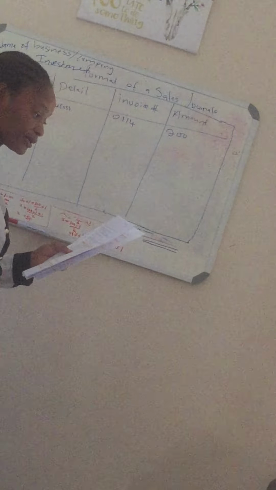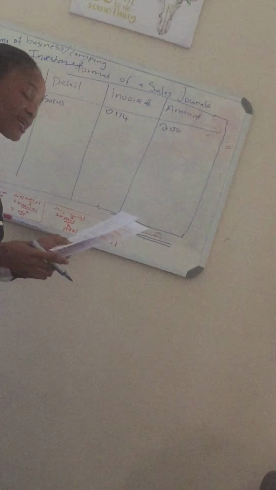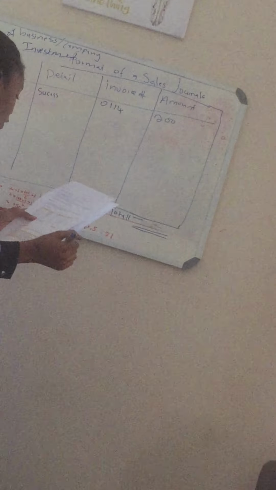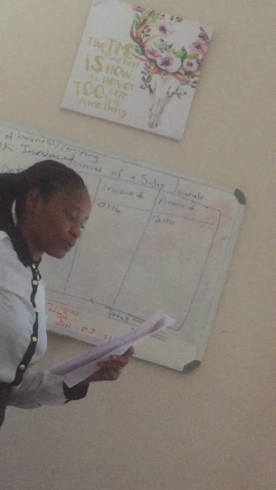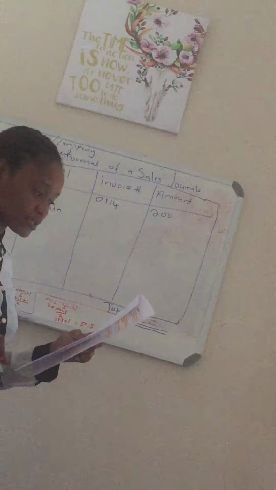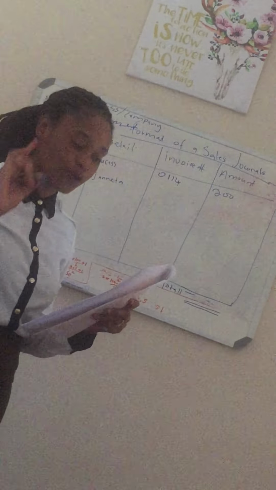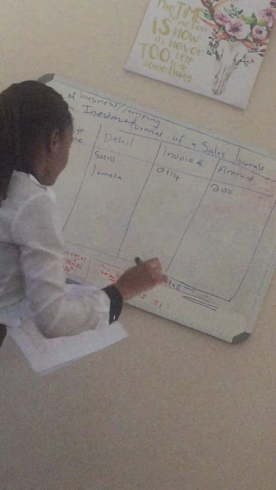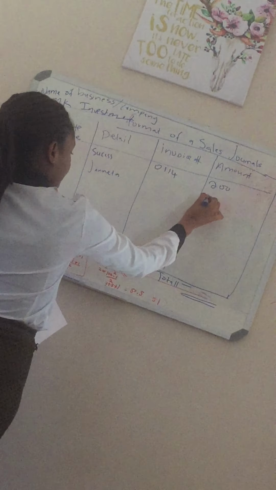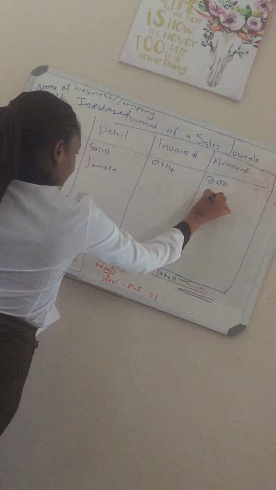Okay? The 2nd of June, Janet, sold the following goods on credit, 400. Same invoice, 400.